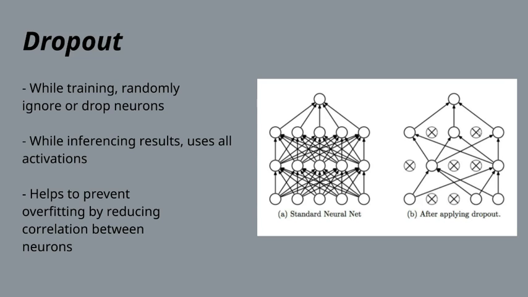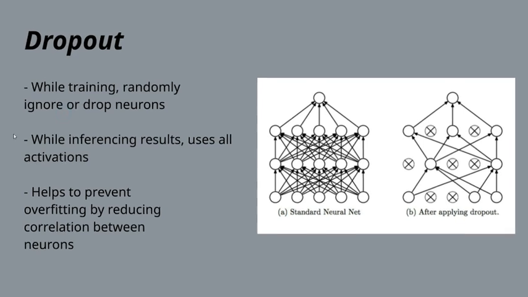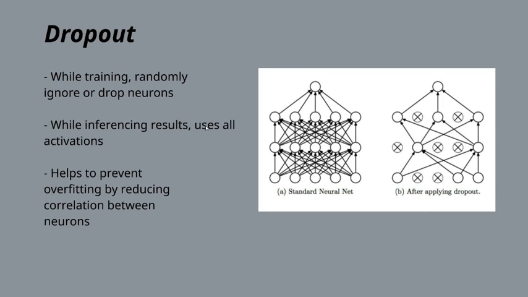So to reduce this, we use dropout. This works like a regularization technique, but make sure you don't use dropout in the inferencing part.